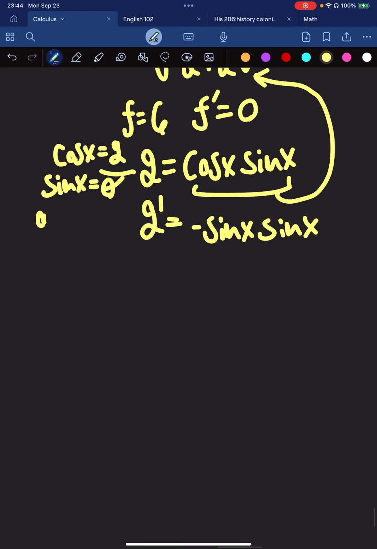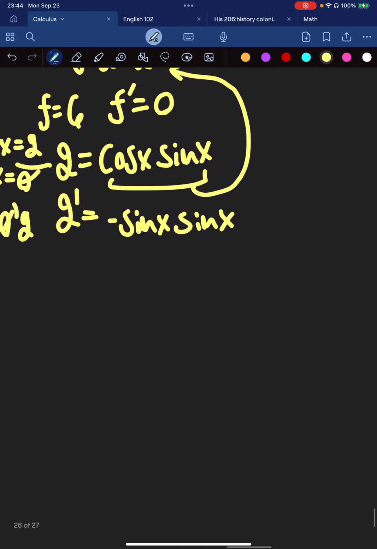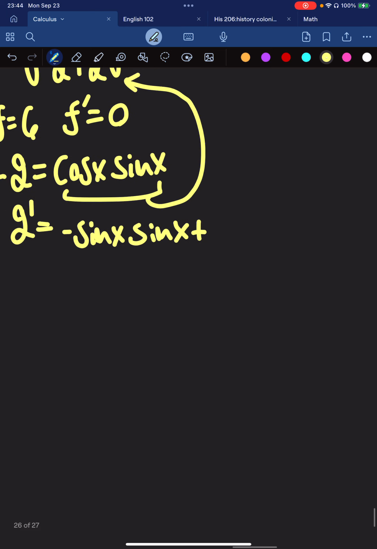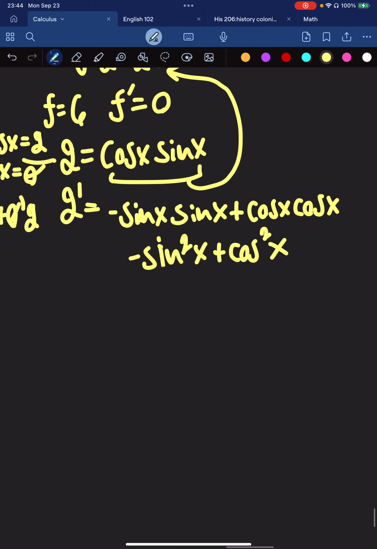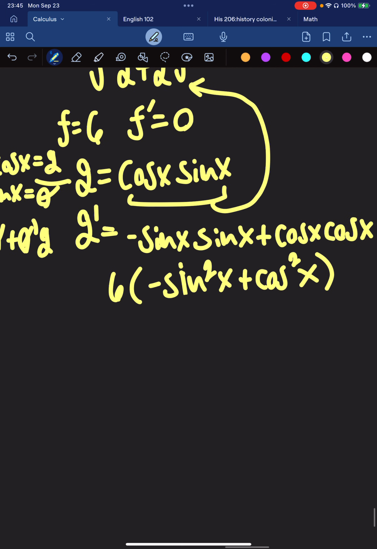So in this case, it will be g prime times theta plus theta prime times g. All right, so we got negative sine x times sine x plus the derivative of sine x, which is cosine x, times cosine x. That leaves us with negative sine squared x plus cosine squared x. And then all that will be multiplied by 6.